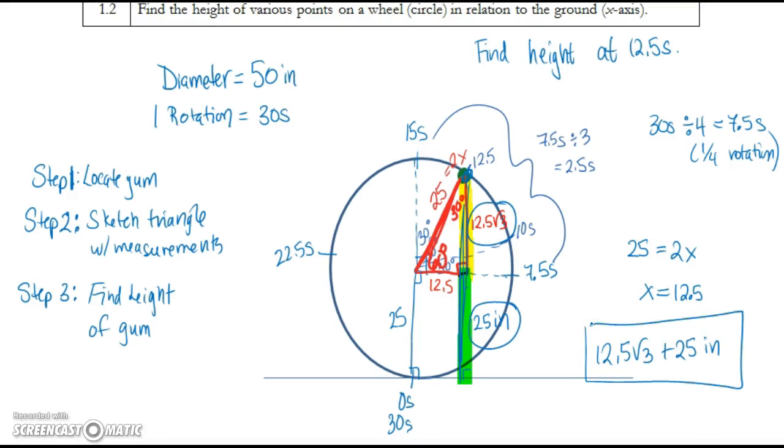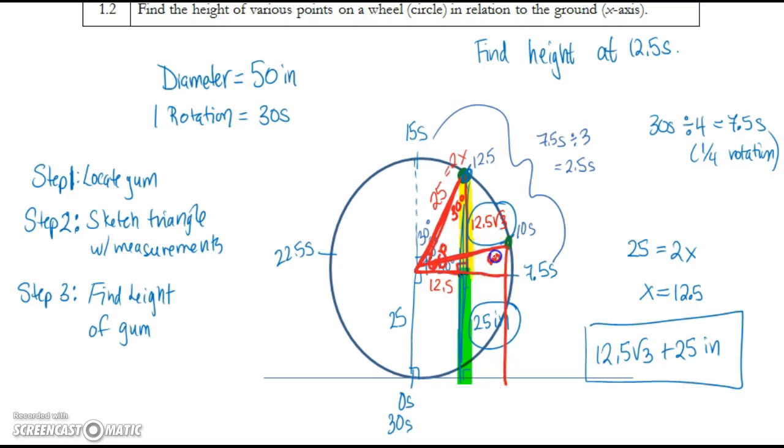If we wanted to do the height at 10 seconds, we'd still have a 30, 60, 90. But now between the hypotenuse and the leg of our triangle, we have a 30-degree angle.